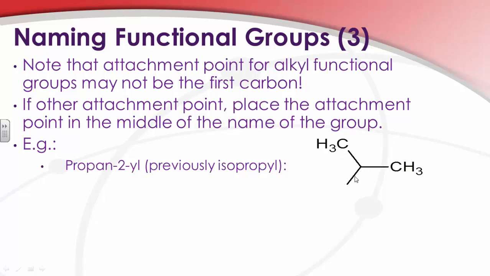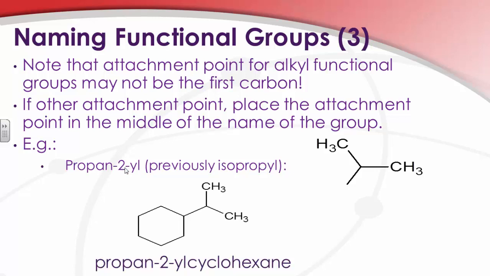It's attached from the 2 carbon. So what we do is we break that propyl group in half and put the 2 in to identify where it's attached from. So in this case, we have propan-2-yl cyclohexane.